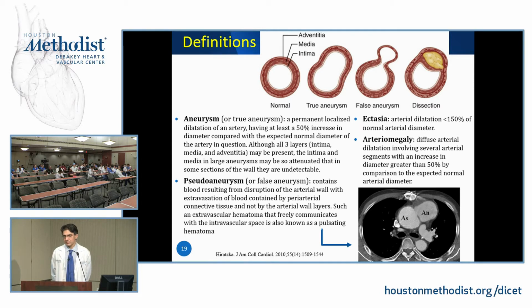So if you include geometry, which you can assess so beautifully with CT or CMR, we get less confusion versus what we would call diffuse ectasia, which is a diffuse enlargement of the vessel. So paying attention to the geometry makes a lot of sense too, besides just numbers.